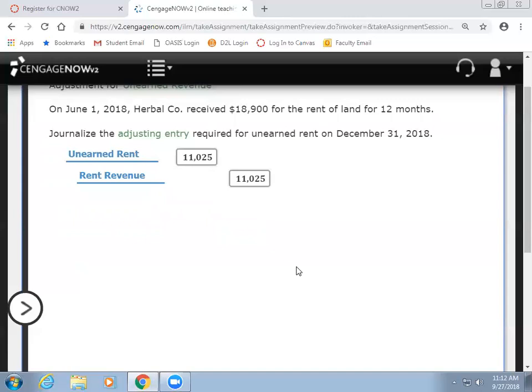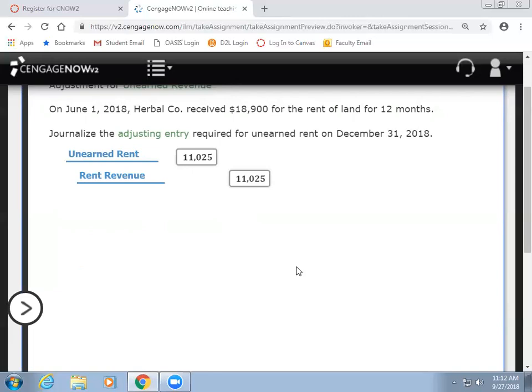So then we could subtract here to figure out how much unearned rent we still owe them, which should be 5 months worth, okay, that will give them January through May of the next year.